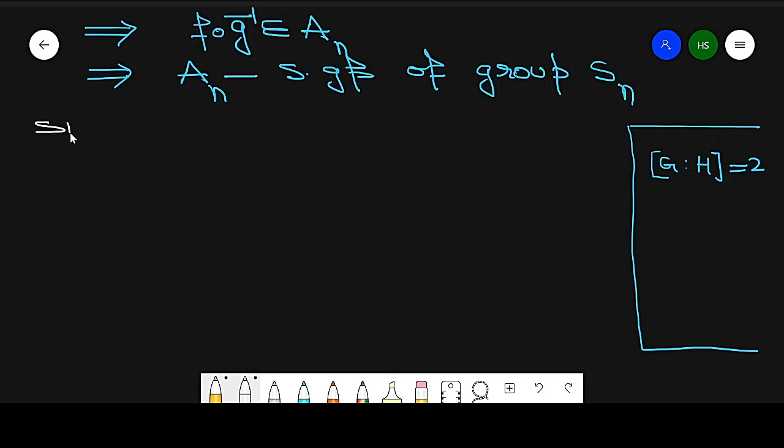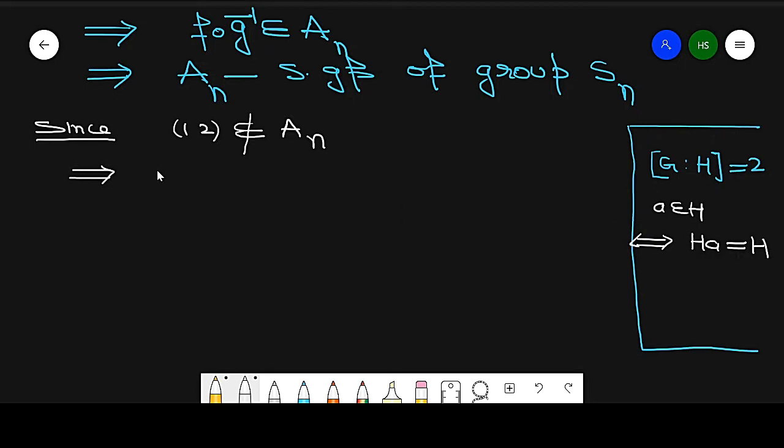Now as we know that (1 2) is an odd permutation, and an odd permutation does not belong to An because An is the even permutations. So a belongs to H if and only if Ha is equal to H. By using this concept, An(1 2) does not equal An.